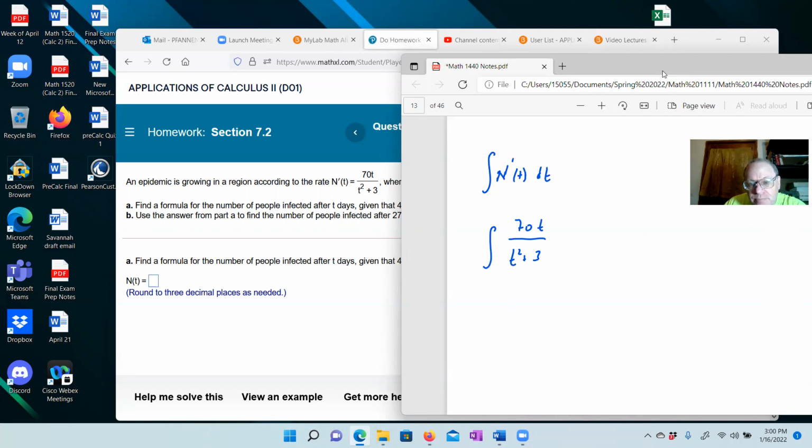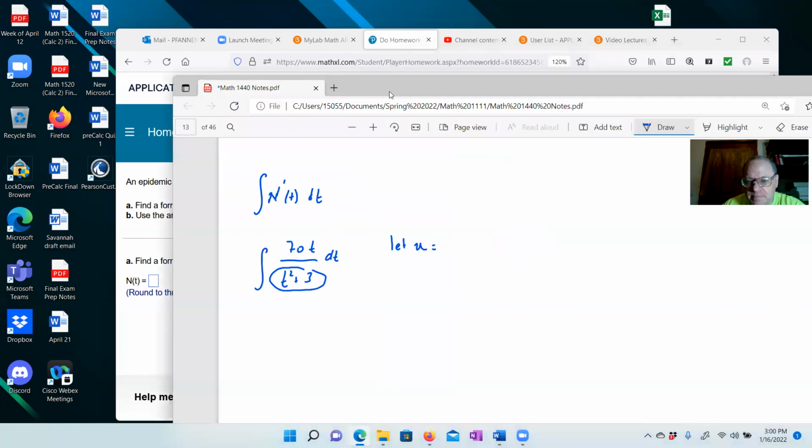We're kind of stuck, so why don't we deal with this denominator and hope for the best? Let u equal t squared plus 3. du is equal to 2t dt, so dt is equal to du over 2t. Just solving for dt here.